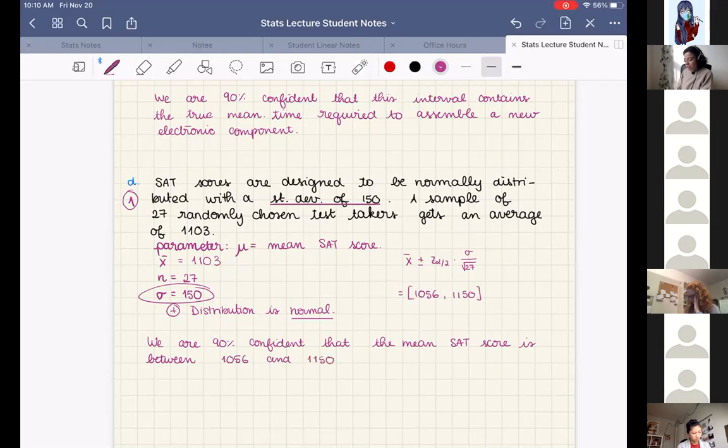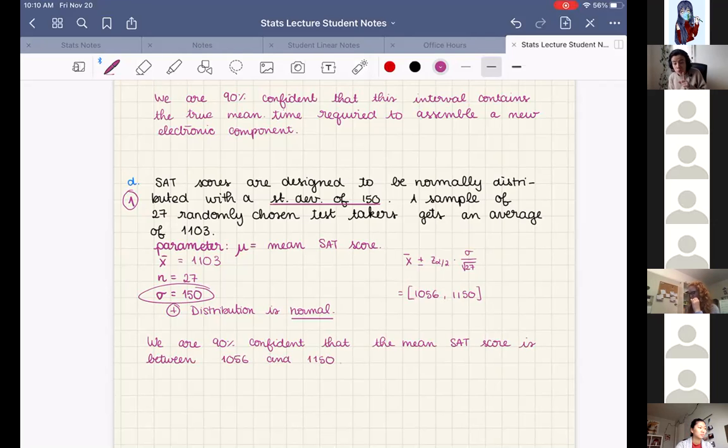And once again, here you need to make sure that you understand what that confidence means. This type of interval is designed so that if you take many samples of the same size and you compute an interval for each one of them, then 90% of those intervals are going to contain the true parameter.